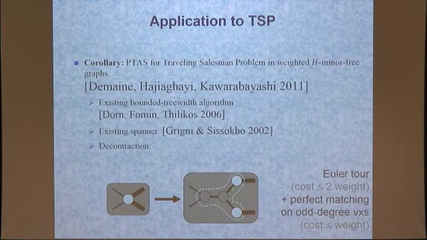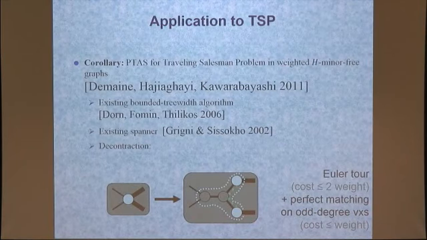For those edges, when you decontract, some vertices have odd degree. You can add an Euler tour of cost 2 times the weight of this graph, plus a perfect matching on the odd vertices that you add.